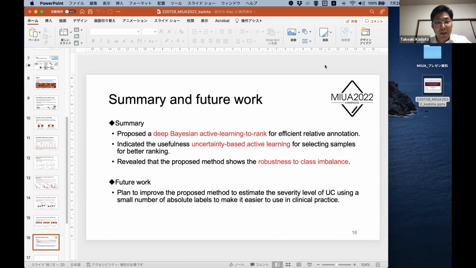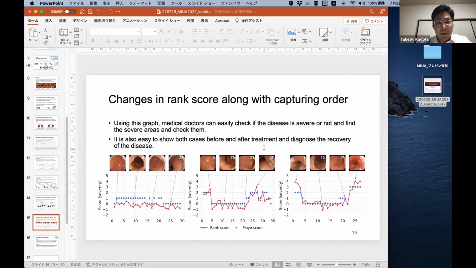We considered, when we use this proposed method, doctors know both cases before and after treatment. So when we use the rank score, we can know the Mayo score.